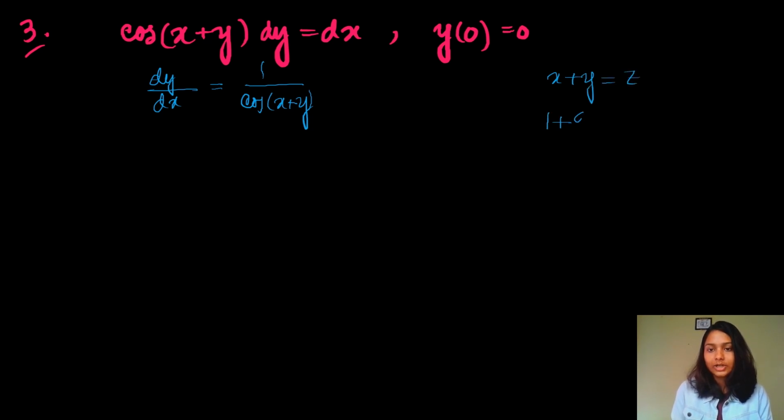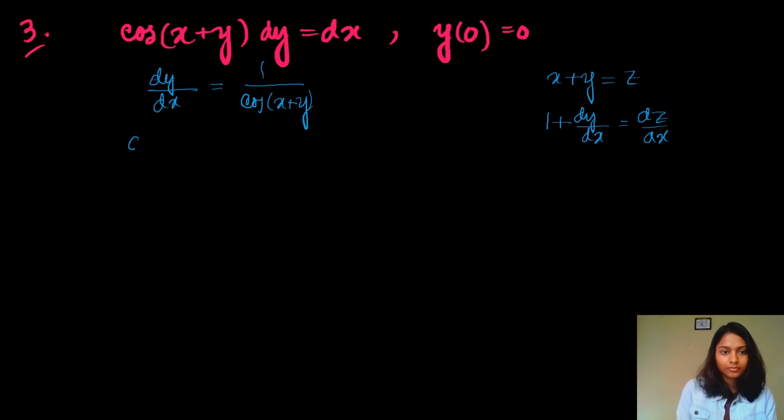So we have 1 plus dy dx equals dz dx. So dz dx minus 1 equals 1 divided by 1 plus cos z.